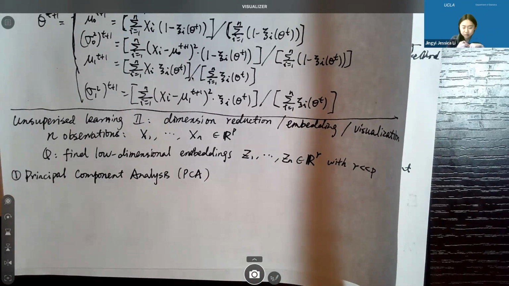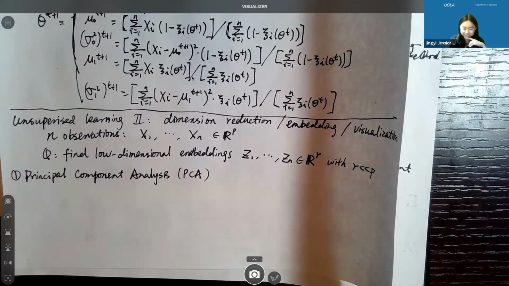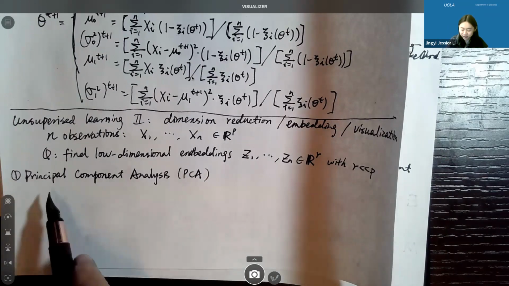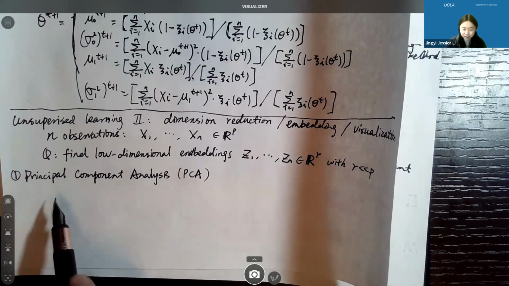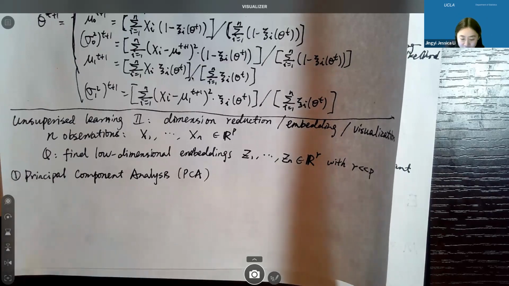But today we're going to give you a deeper understanding about why PCA works like this and what's the underlying reason behind the algorithm. So first thing, which is quite fun to point out, is the spelling. A lot of people may misspell it as principle, but it should be principal. In English, these two words have the same pronunciation but different meanings. So this is principal component, an adjective instead of a noun.